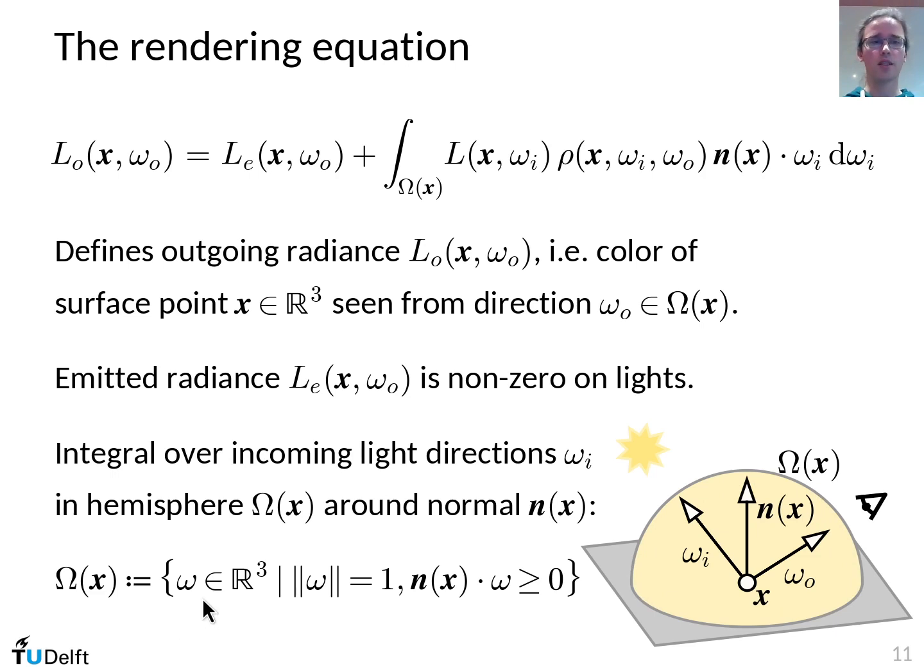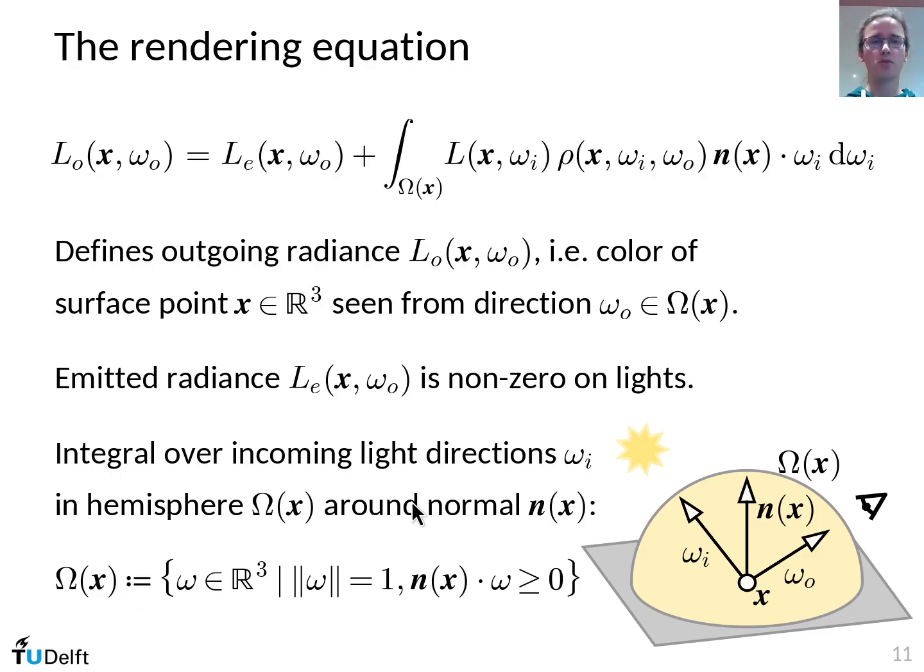So we are considering directions, which we describe by normalized vectors, and we are interested in all the direction vectors where the dot product with the surface normal vector is non-negative. So basically all of the direction vectors above the surface make up this hemisphere omega x.